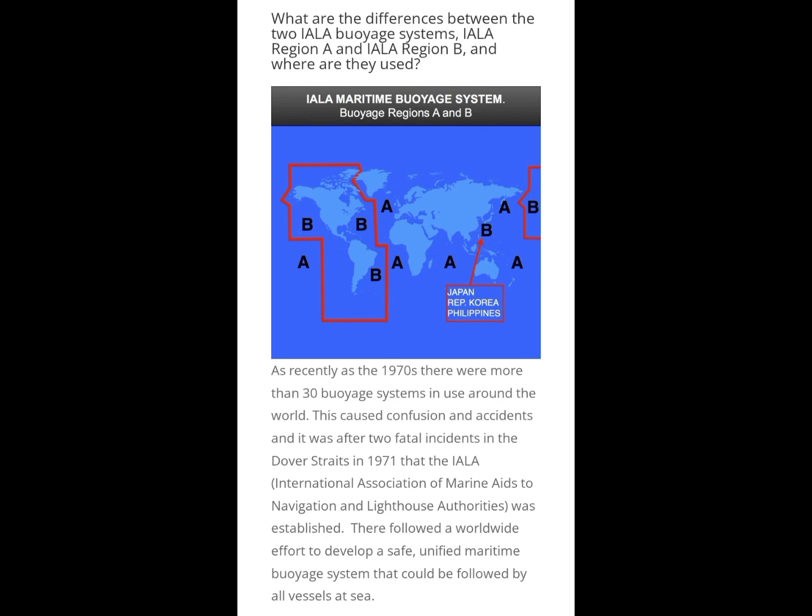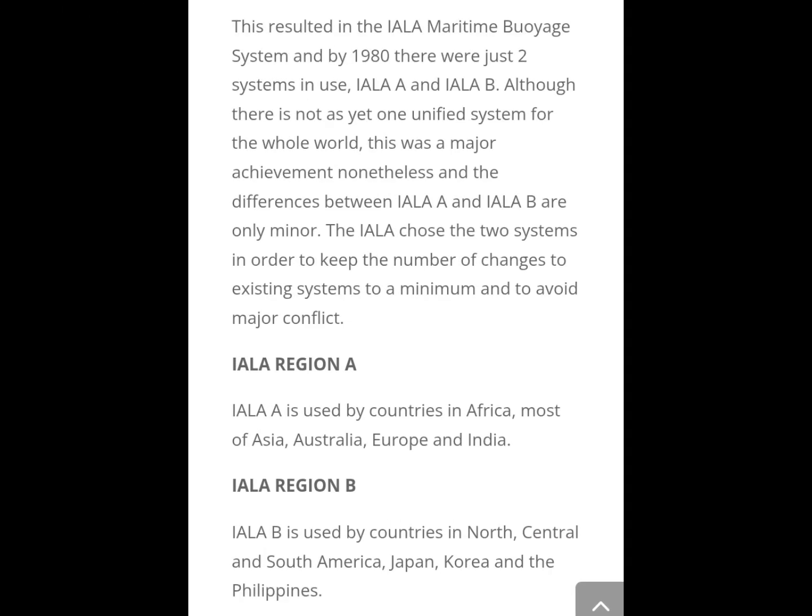There followed a worldwide effort to develop a safe, unified maritime buoyage system that could be followed by all vessels at sea. This resulted in the IALA Maritime Buoyage System, and by 1980, there were just two systems in use, IALA-A and IALA-B. So there is not as yet one unified system for the whole world.